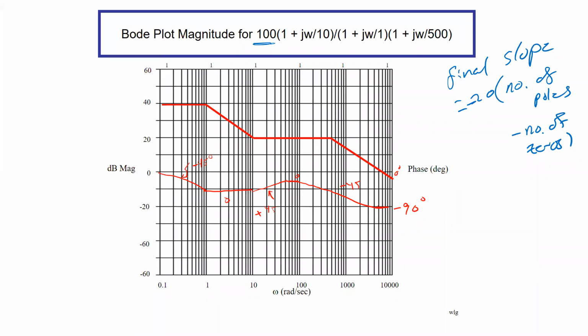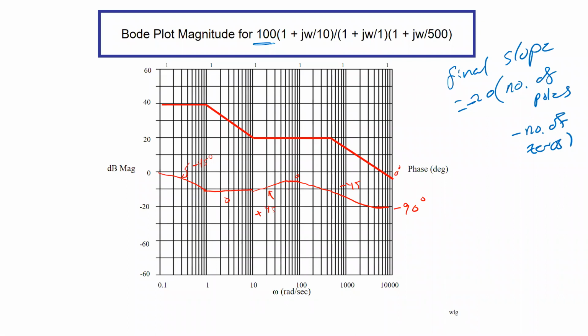What will be the final angle in this case? Minus 90, because you have 1 angle in the numerator, 2 angles in the denominator. Each angle will contribute 90 degrees when omega goes to infinity, so the difference between them will be minus 90. And this is the curve.